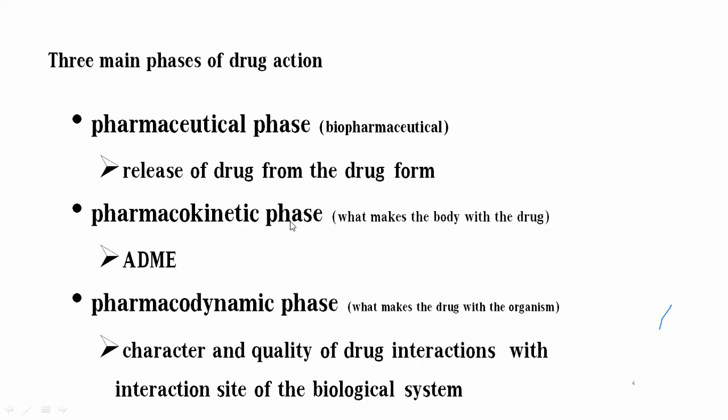Second phase, the pharmacokinetic phase. That is what the body does with the drug molecule. Step number 1 is over, that is the release of the drug from the dosage form in our gastrointestinal tract. This is followed by step number 2, the pharmacokinetic phase. Whenever the word pharmacokinetic comes, you are associated with these 4 terminologies, that is ADME: absorption, distribution, metabolism, and excretion.